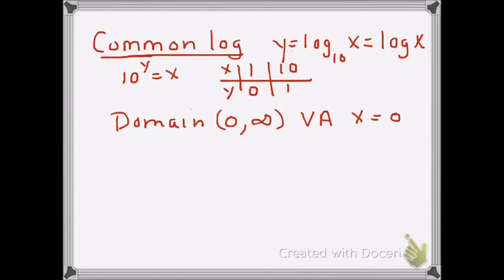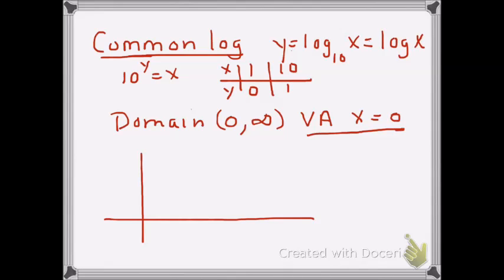So knowing the vertical asymptote and a couple of points, we can do a graph of the common log. So here's our vertical asymptote, the y-axis.